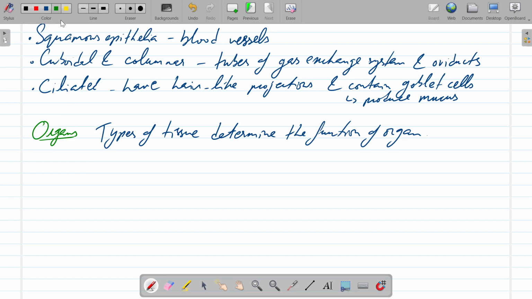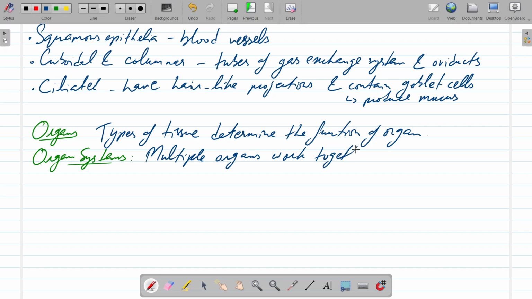And then finally you've got organ systems. This is when multiple organs work together for a specific function, to perform large scale functions.